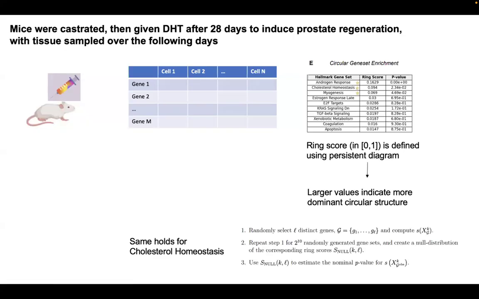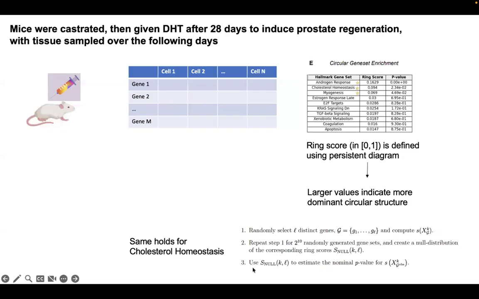Based on that, they invented a p-value-like value. The ring score is important to consider in order to find cyclic processes. So they randomly select n genes, compute the ring score, and repeat with randomly generated gene sets with fixed n to create a new distribution.